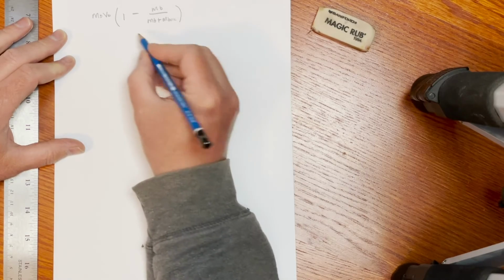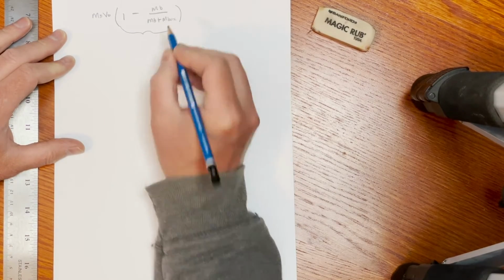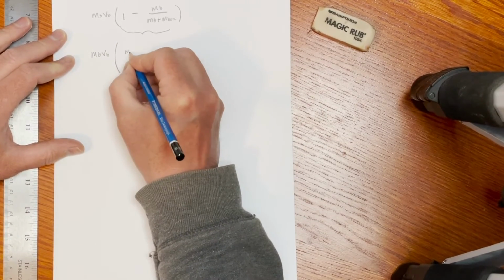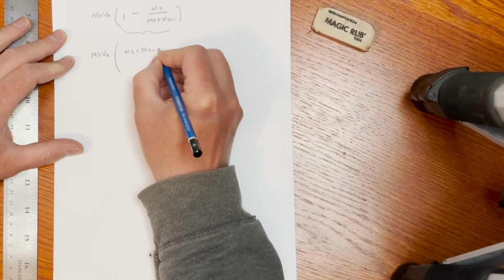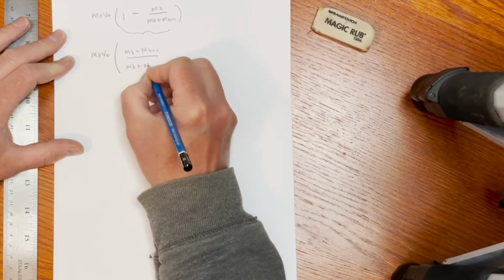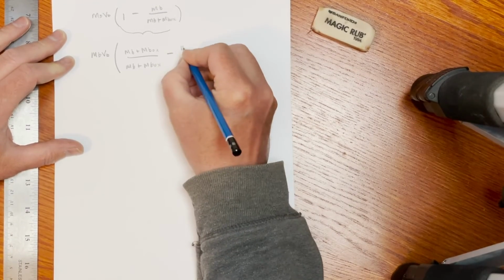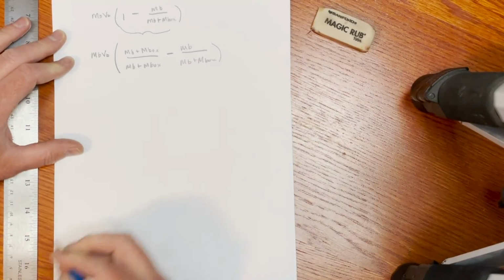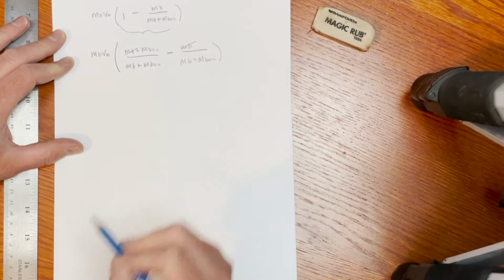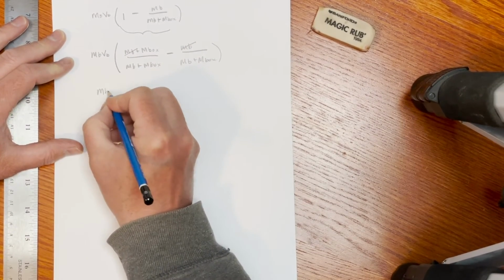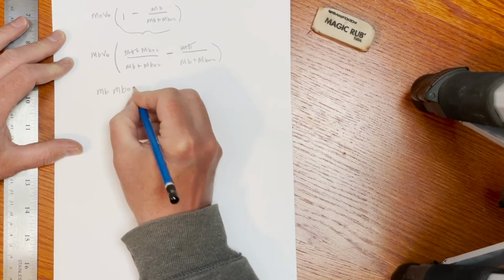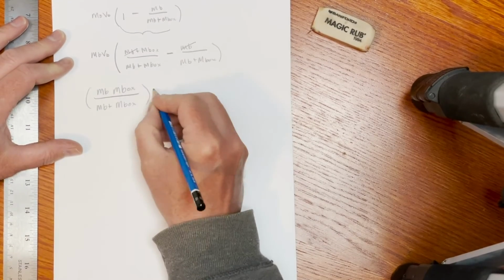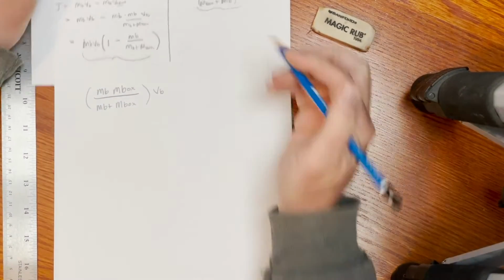So that's going to be m_b v_b times m_b plus m_box over m_b plus m_box, minus m_b over m_b plus m_box. And then those are going to cancel, and I'm going to wind up with m_b m_box over m_b plus m_box times v_b, which is exactly what we have right here.